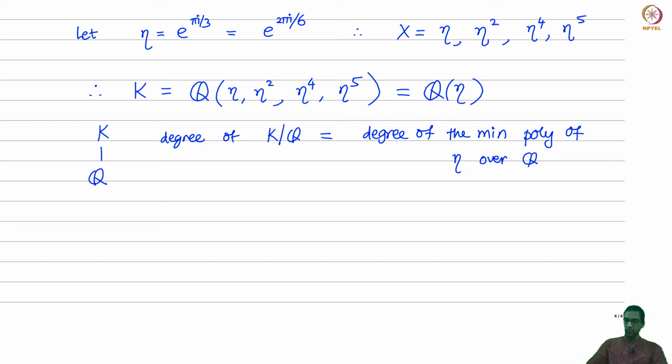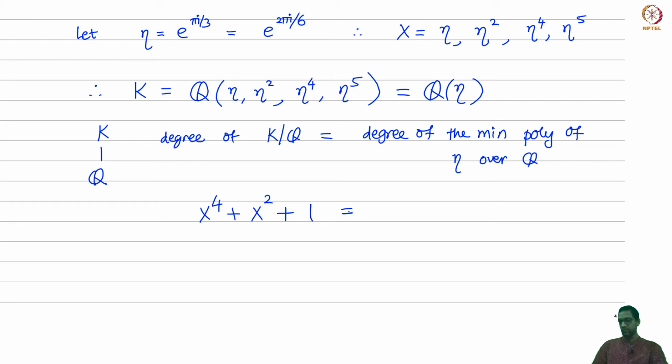What are these 4 roots, eta square and so on? They were roots of which polynomial? Let's go back to the original polynomial, x to the 4 plus x square plus 1. Of course eta satisfies this polynomial, it was a root of this polynomial. But is this polynomial irreducible? That's the first thing we need to ask ourselves: is x to the 4 plus x square plus 1 irreducible?